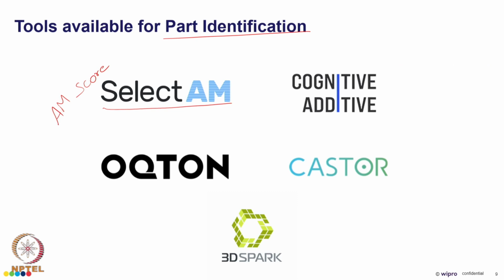Another significant contributor here is Cognitive Additive. They also analyze the CAD model and offer an AM suitability score, which basically evaluates parts based on 3 critical factors, that is print quality, design for additive manufacturing, and complexity.